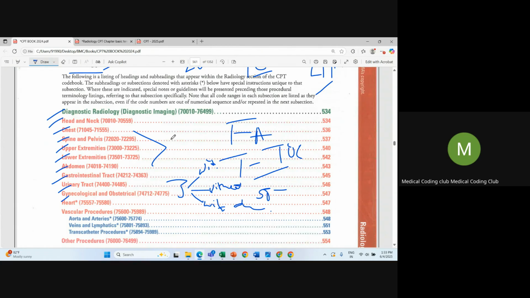So you just select the code saying without contrast material. All of this concept I will explain in detail in my classes, so if you want, you can enroll in the classes.